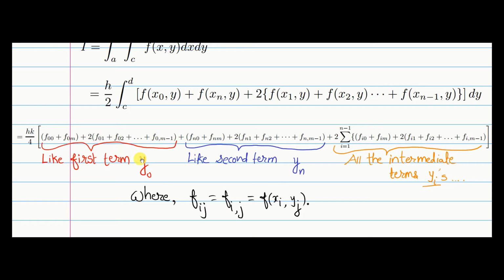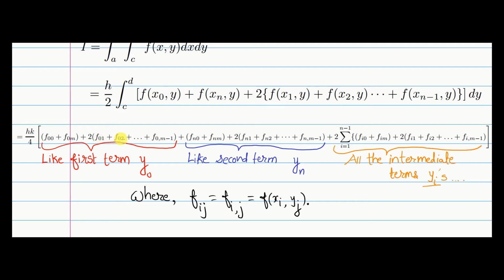similarly twice f01 plus f02 up to f0m-1. So this is nothing but the first term, y0, in the original trapezoidal rule. What we were writing: y0 plus yn plus 2 times y1 plus y2 up to yn-1. Just recall that original trapezoidal formula, and in analogy with that you can see here that instead of y0, now we have these whole terms expressed in terms of the trapezoidal rule again. So f00 plus f0m plus 2 times f01 plus f02 up to f0m-1.